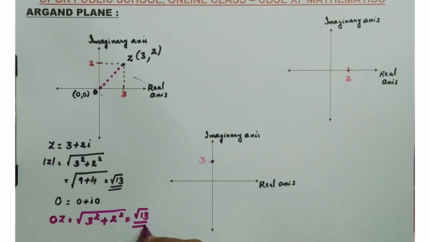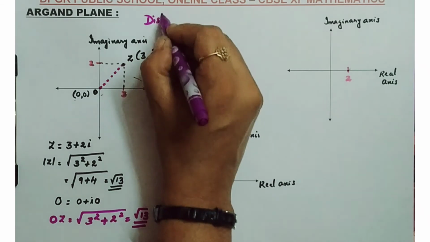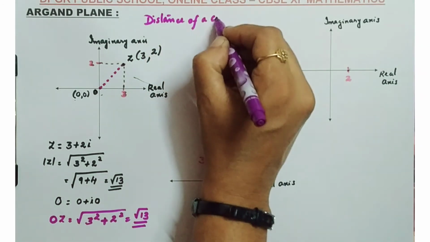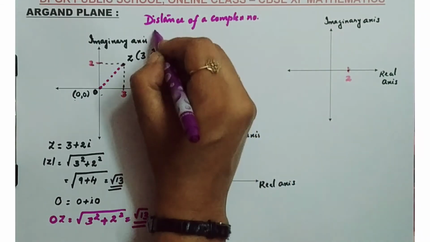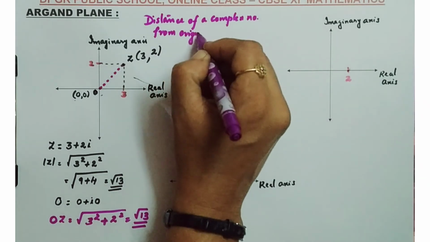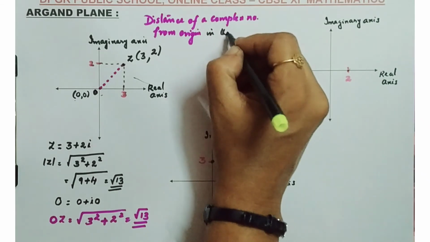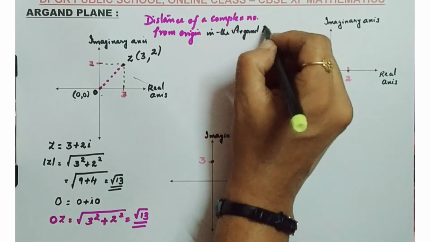So from this you get a clear idea of the distance of a complex number from the origin in the Argand plane.